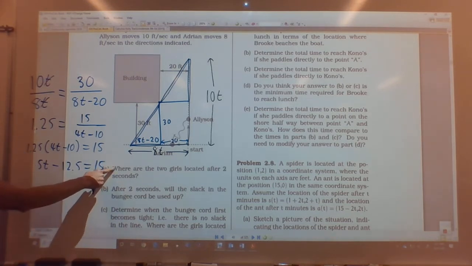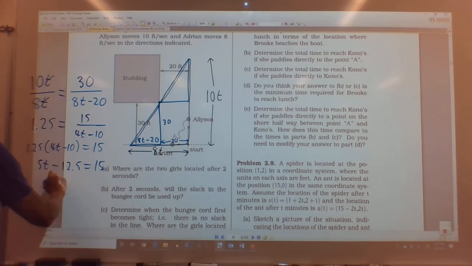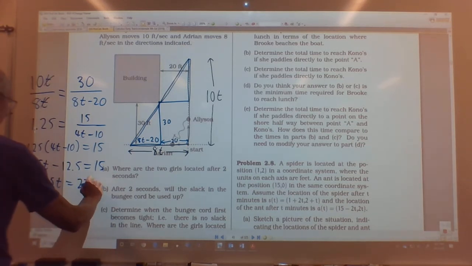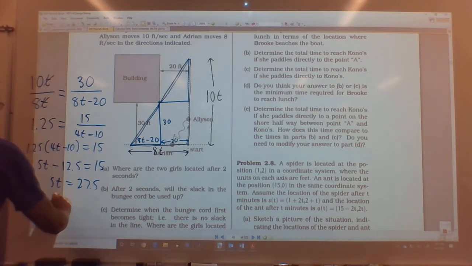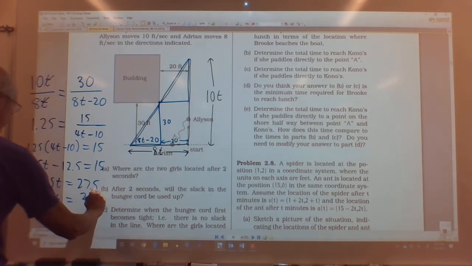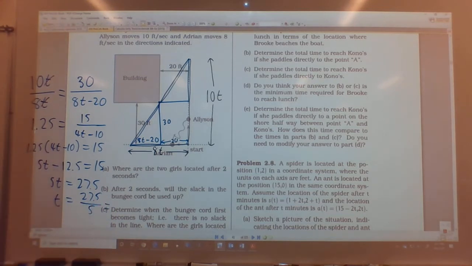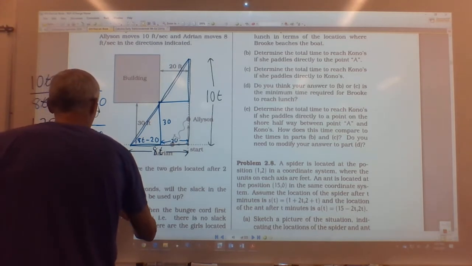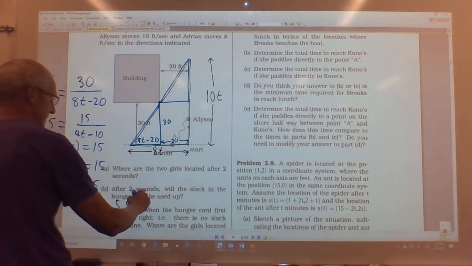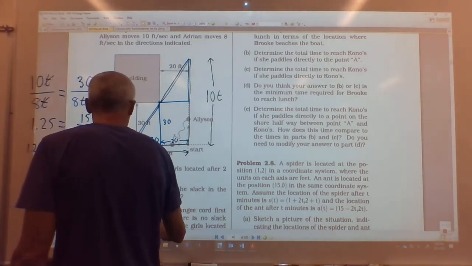Put the 12.5 over here. 5t equals 15 plus 12.5, which is 27.5, so t is 27.5 divided by 5, divide both sides by 5. That would be 5.5. When we're dealing with seconds, it would be 5.5 seconds.